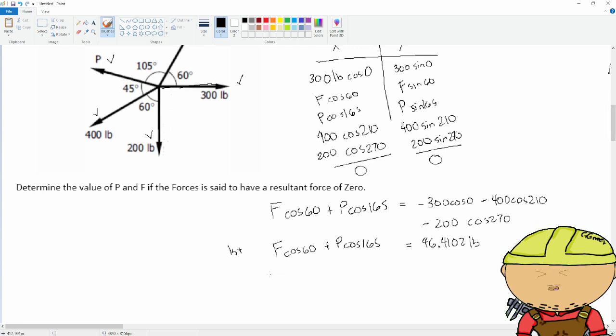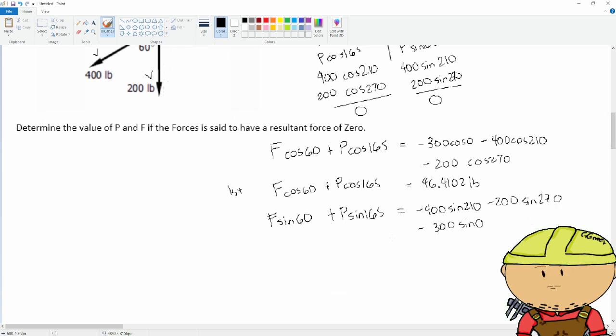I'm going to write again F sine 60, just like the first one, plus P sine 165 is equal to the opposite side: negative 400 sine 210, negative 200 sine 270, negative 300 sine 0. What is the opposite side?